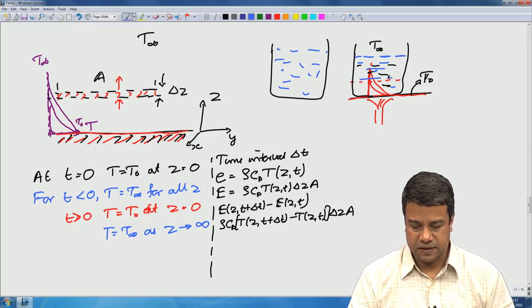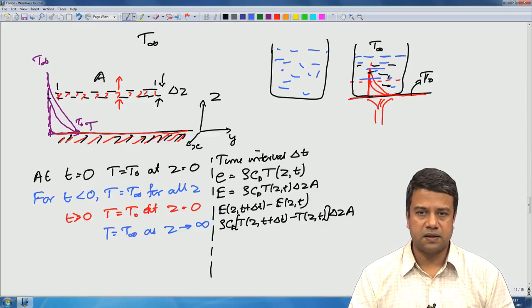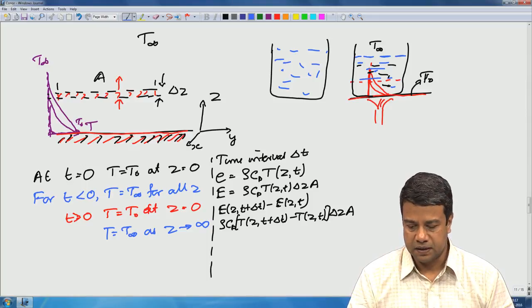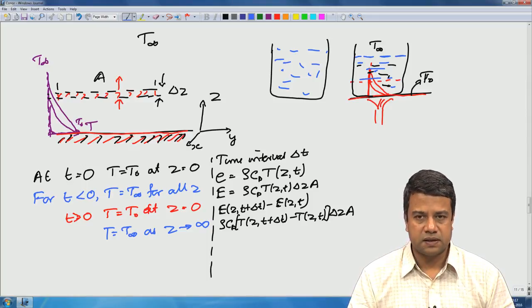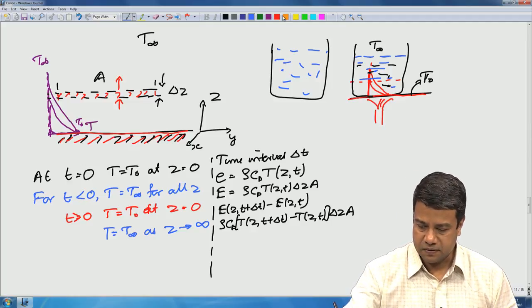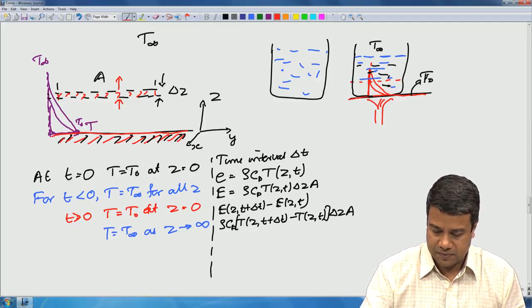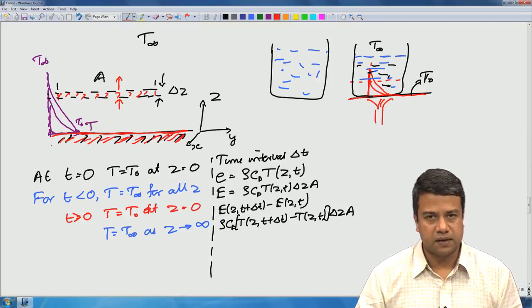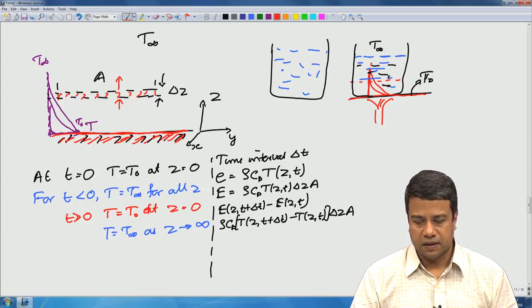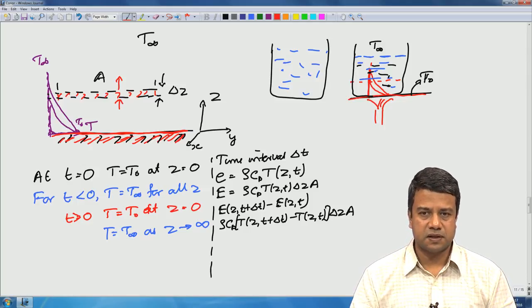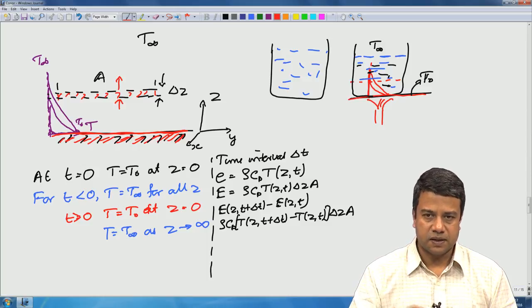We had the surface with initially the temperature a constant everywhere in the fluid, and instantaneously at time t is equal to 0, this surface alone was heated to a higher temperature. The surface alone was heated to a higher temperature, and we wanted to know how this increase in temperature at the surface is going to heat up the fluid.